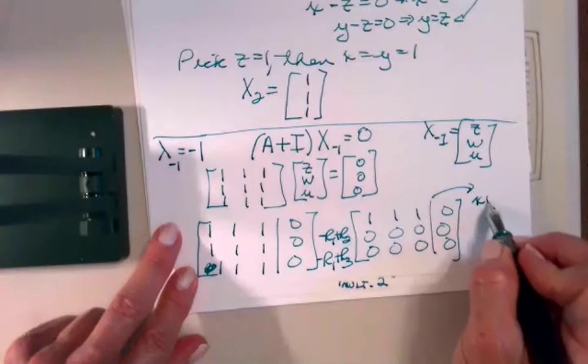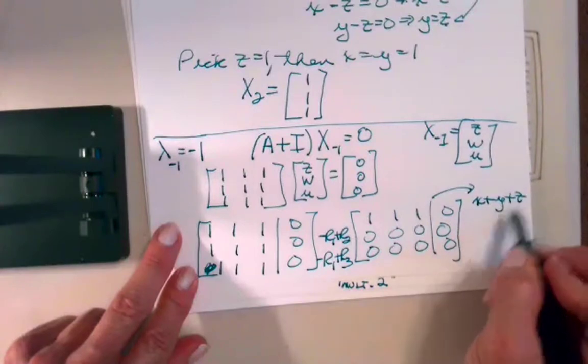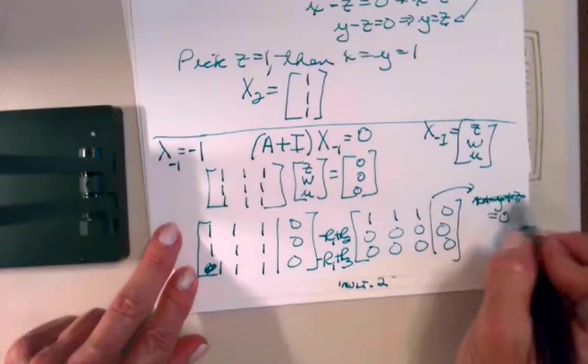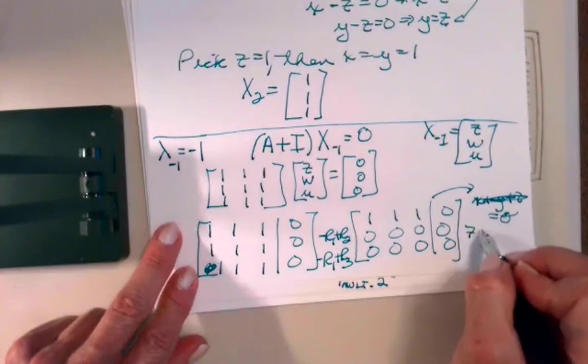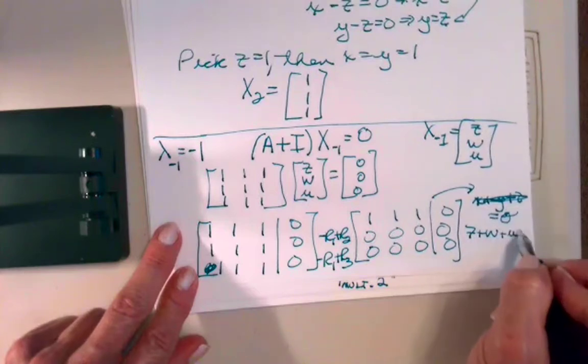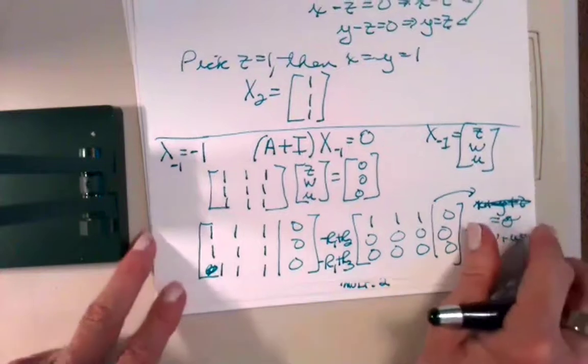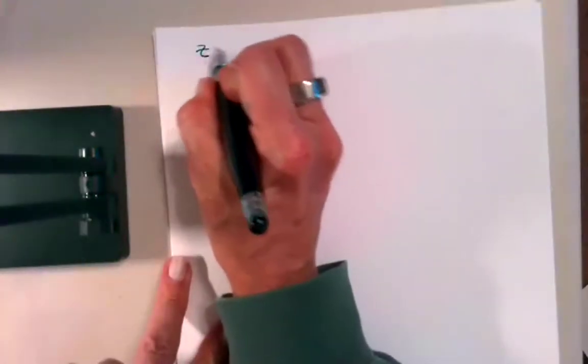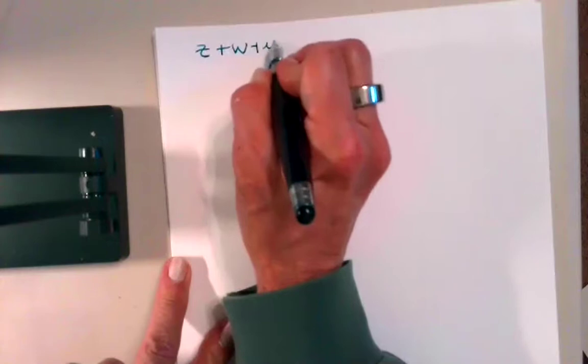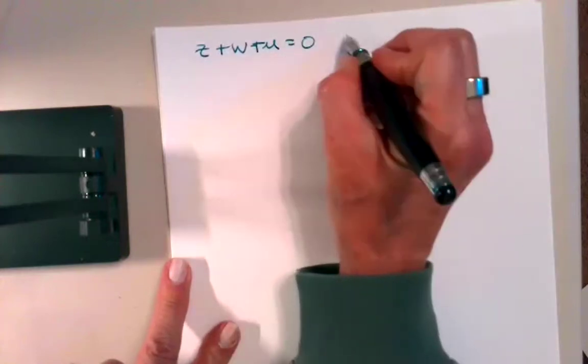It says x plus y plus z equals, I'm sorry, we called it z, w, u. Let me not squeeze this in so bad. So it says z plus w plus u equals 0.